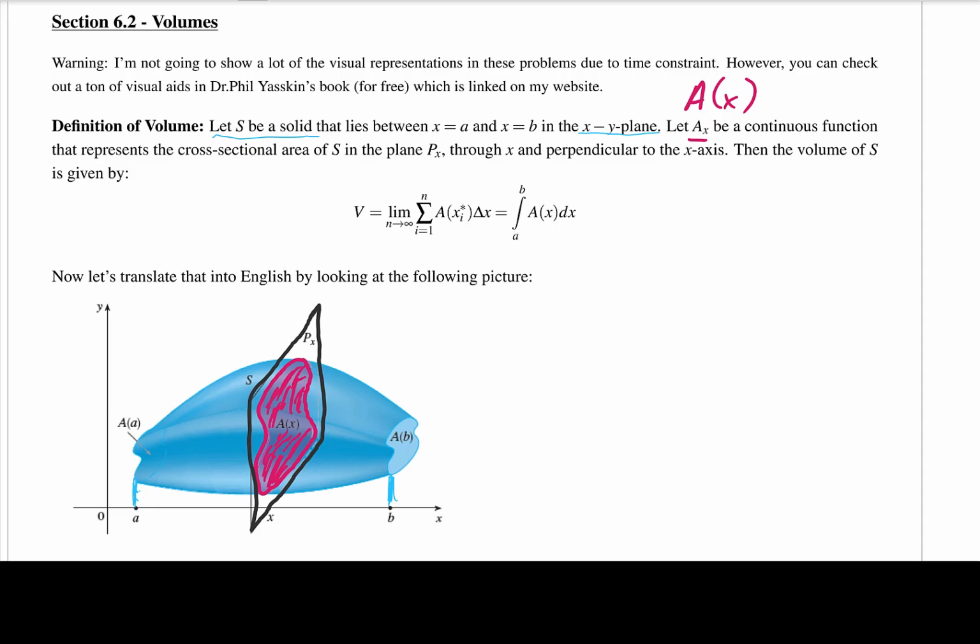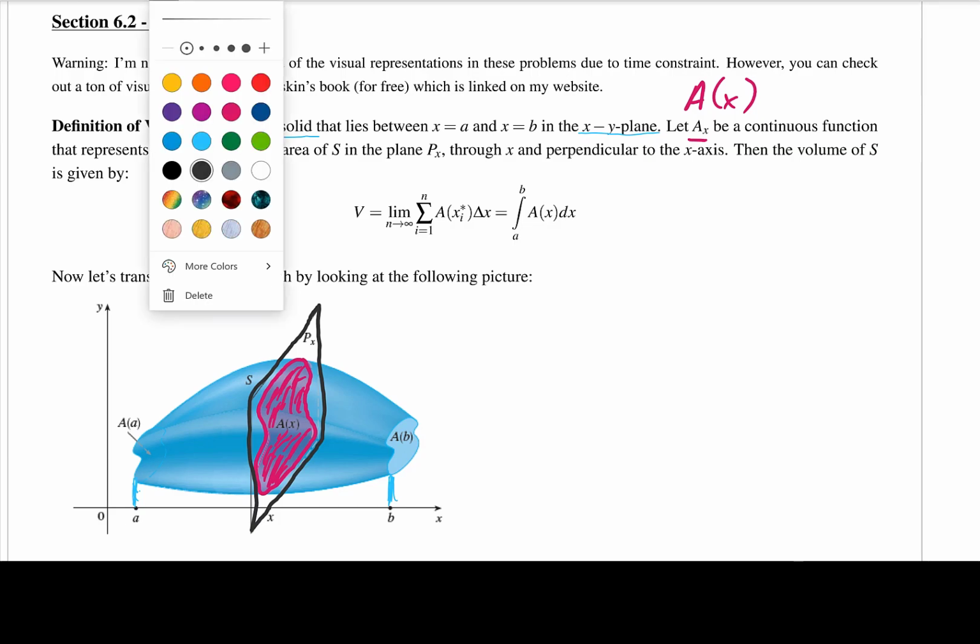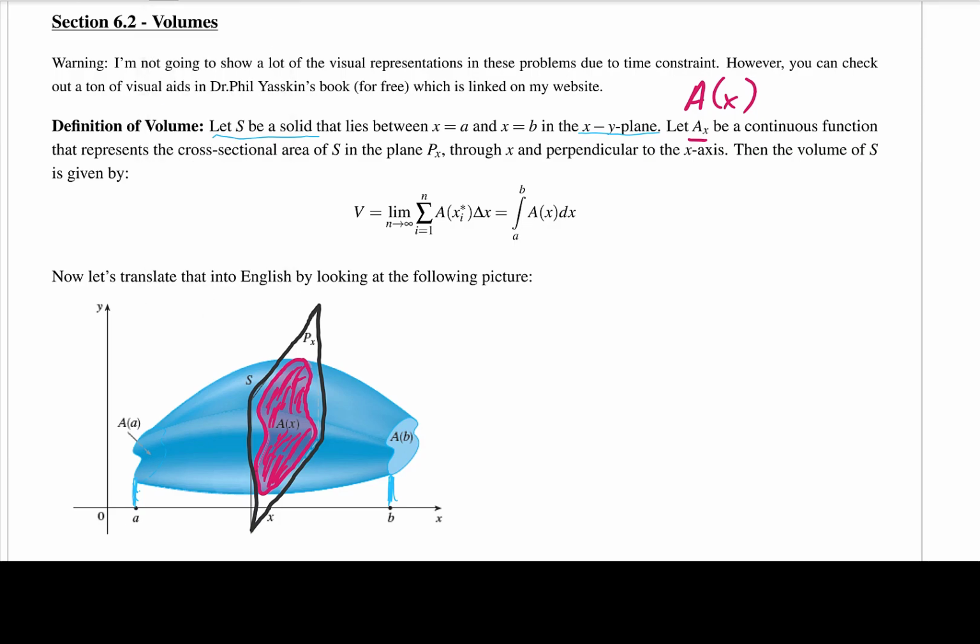And A of x is going to represent the area of that red area. Notice that this plane P sub x is perpendicular to the x-axis, because when we run this down into the x-axis right here, we get a 90-degree angle.